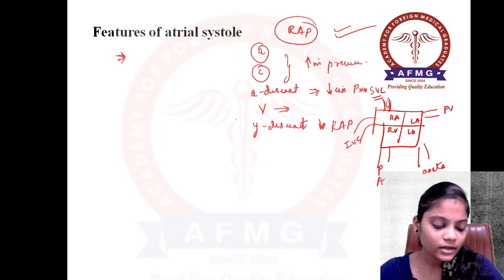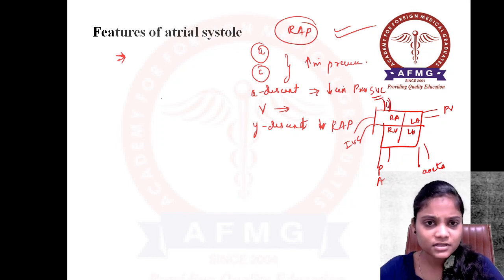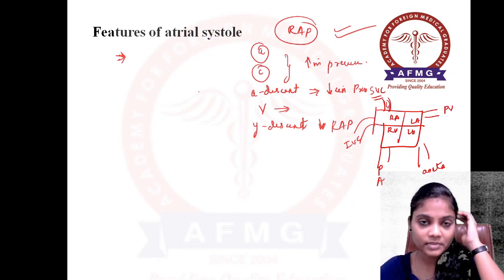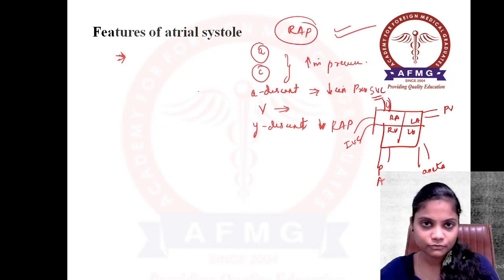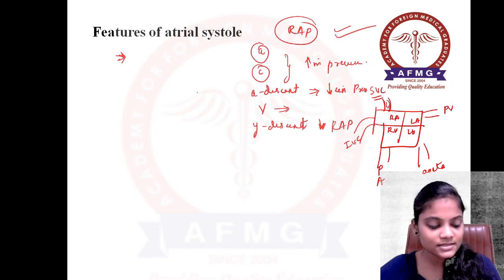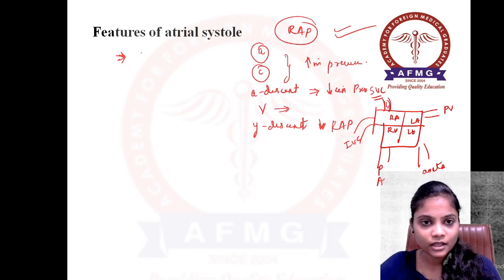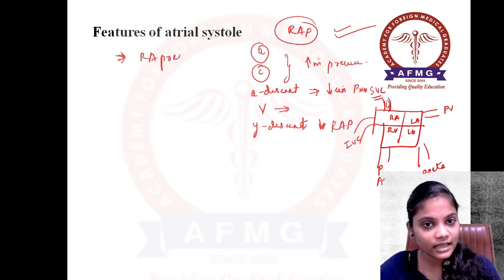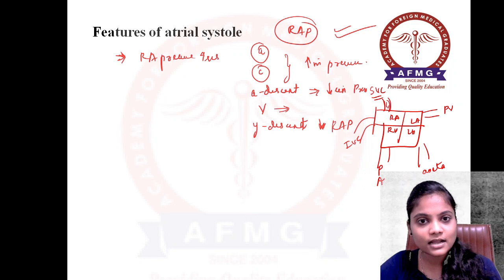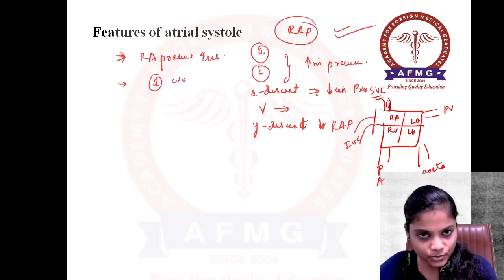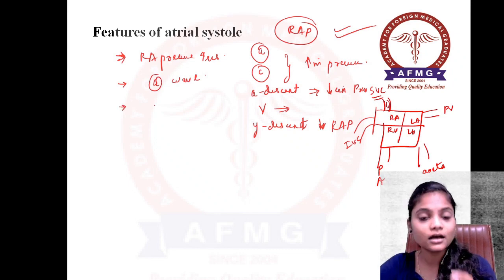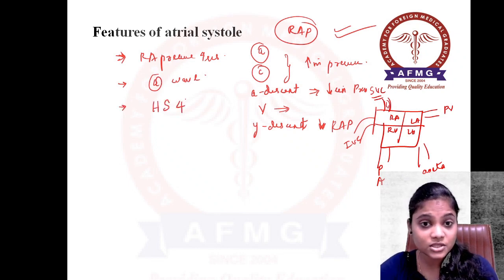So what happens in your atrial systole? First, the blood flows from your superior vena cava to your right atrium. Further on, there will be contraction of your atria. That is what happens in your atrial systole. By that, your right atrial pressure increases. Once the right atrial pressure increases, obviously the A wave is produced, and here a heart sound is produced, HS4.